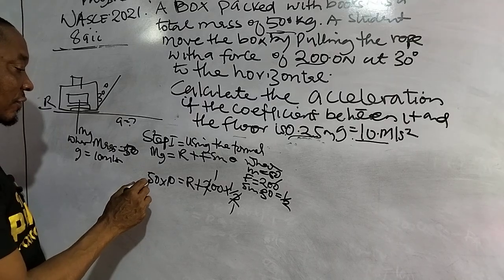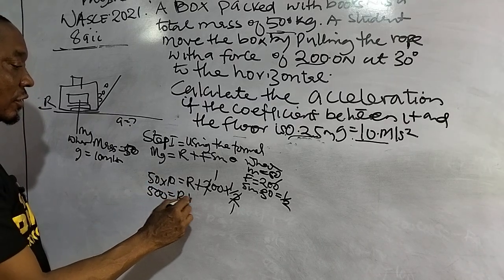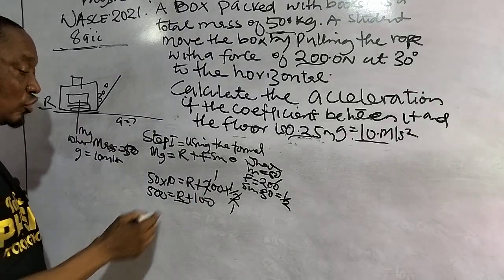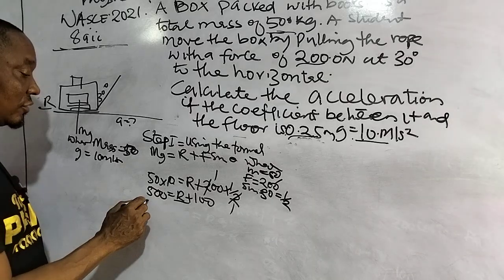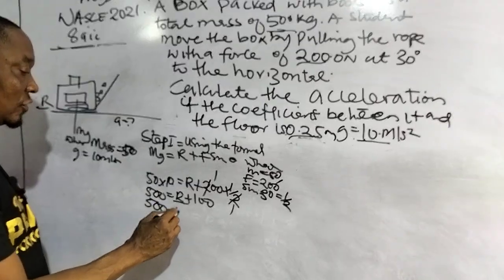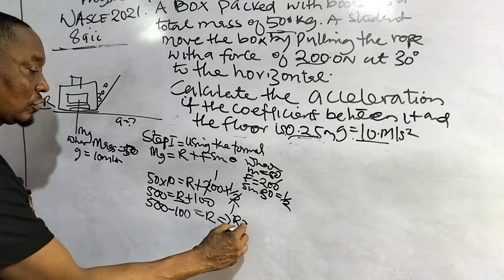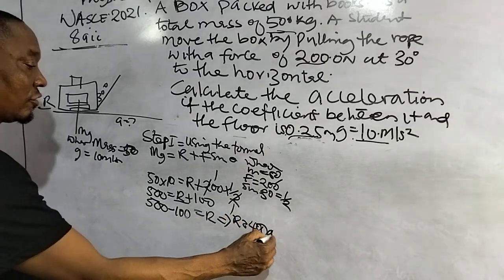We now have 50 times 10, which gives 500, equals R plus 100. To find R, we make it the subject of the formula: when 100 crosses over the equals sign it becomes negative. So 500 minus 100 equals R, and R equals 400. So R is 400 newtons.